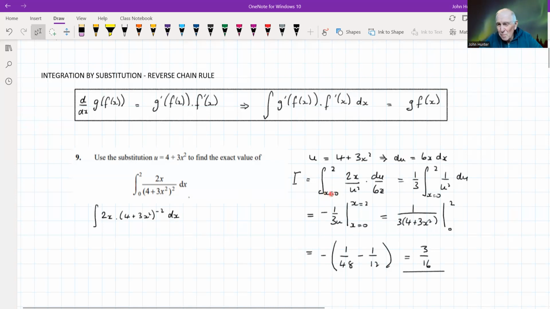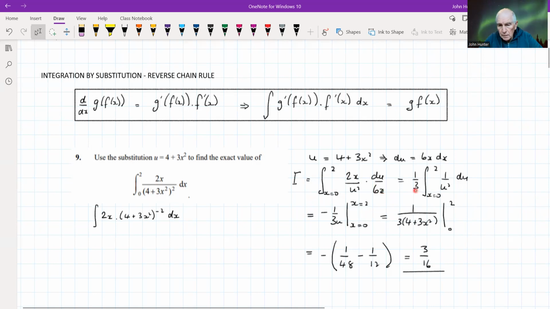That is just reminding us that these limits on this definite integral are x limits, so we don't get confused. So we've got 2x from there. Then this becomes u squared here. And then because du equals 6x dx, dx is being replaced by du over 6x.